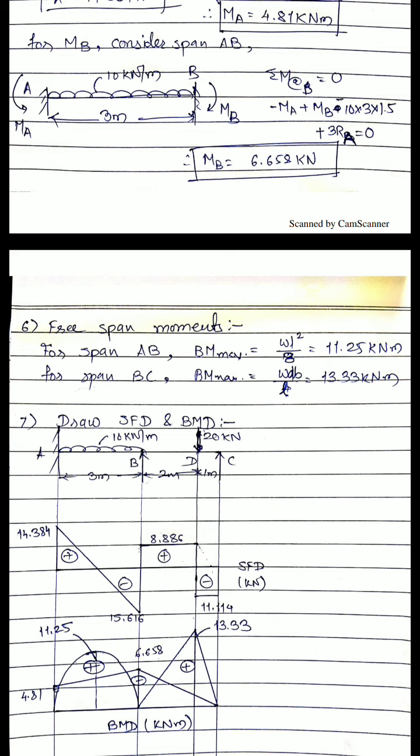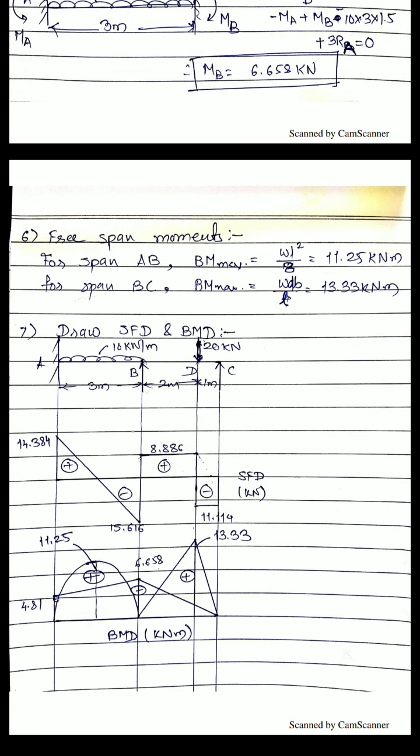So this value will remain until the point force comes. So this will remain constant up to point D, and then due to the point load, once again it will be deducted by 20, and it will come out to be minus 11.114, which will be constant up to point C, and then RC will be added as 11.114. So the final value will be 0. So this will be your SFD.